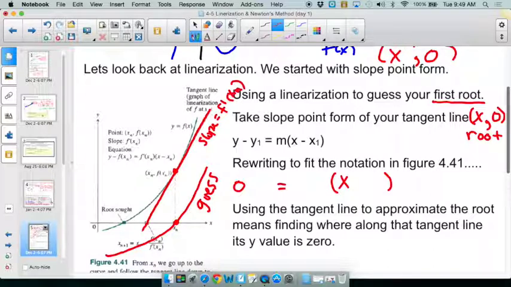Okay, the y1 and the x1 are this point here. So what are these points? My y1 is my function at location n, and my x1 is the value of the function at my first guess n. And then my slope is the derivative.